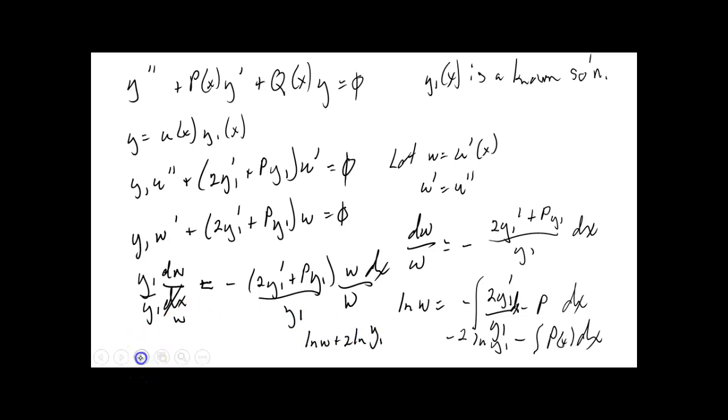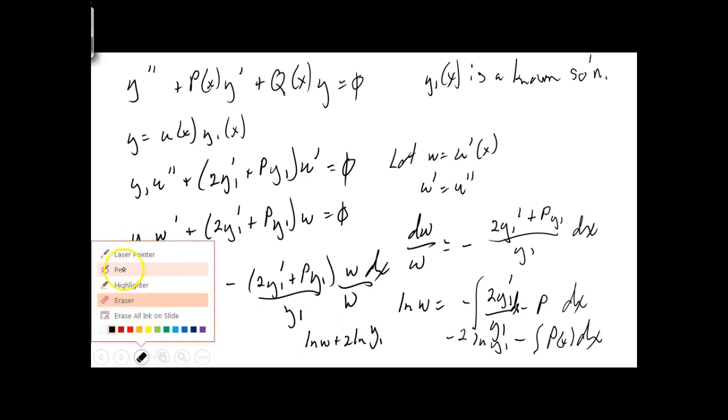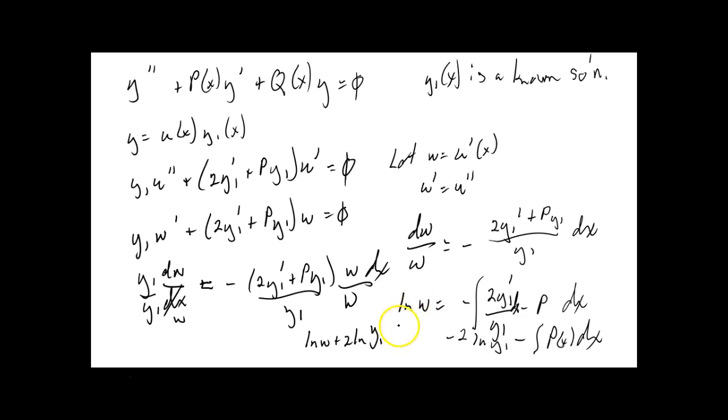Still pretty ugly. Which is the same as plus 2 times the log of y1 squared, if you move that exponent up there, and that's equal to minus the integral of p of x dx.